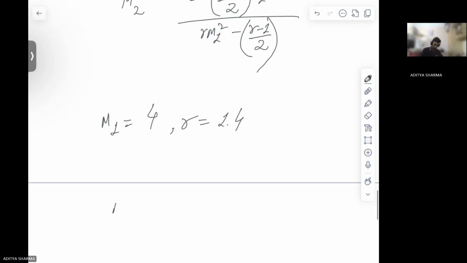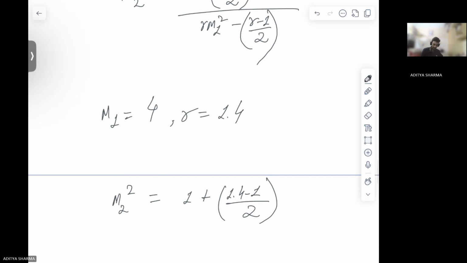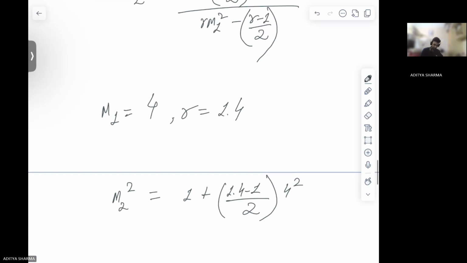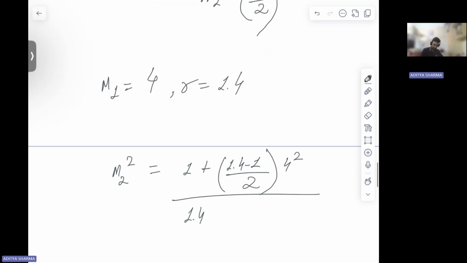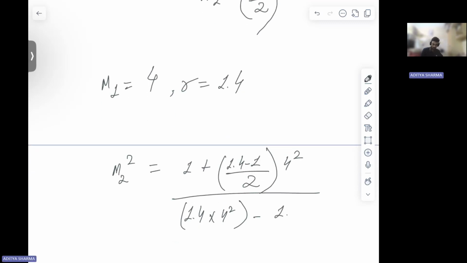Then M2 square becomes 1 plus (1.4 minus 1) by 2 times 4 square, divided by 1.4 into 4 square minus (1.4 minus 1) divided by 2.